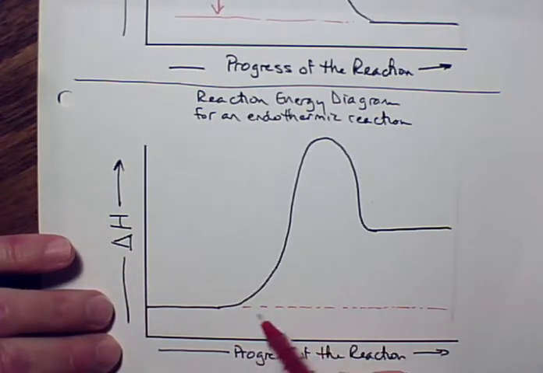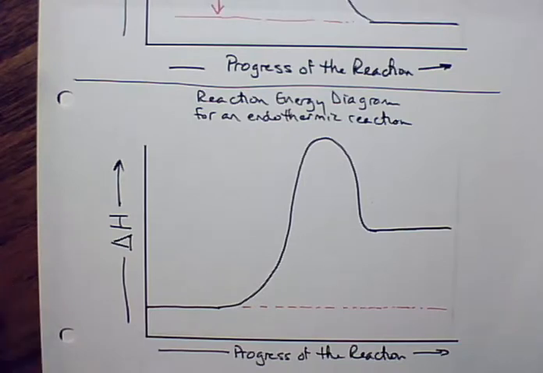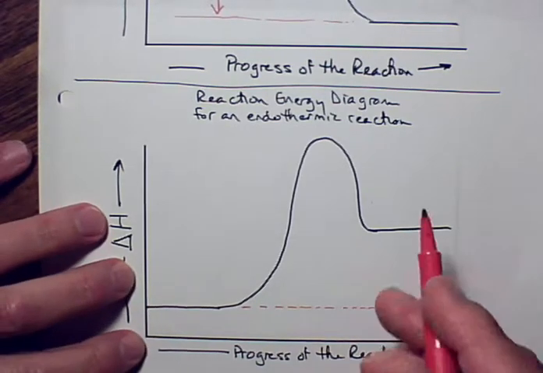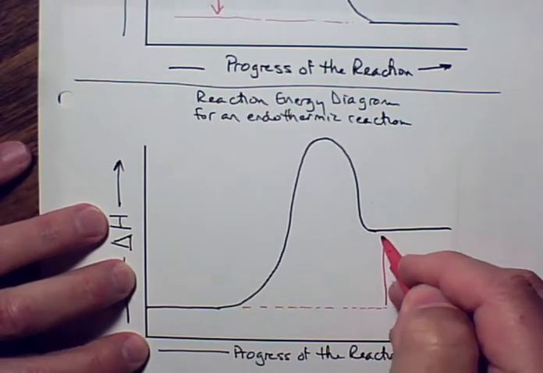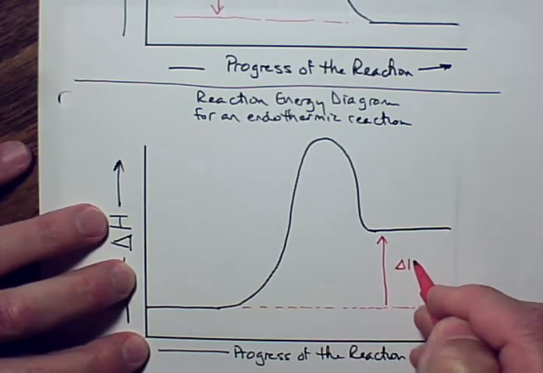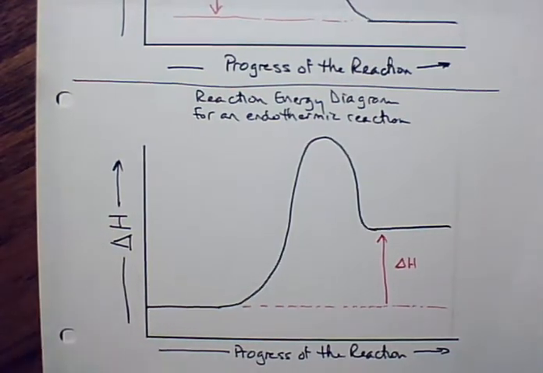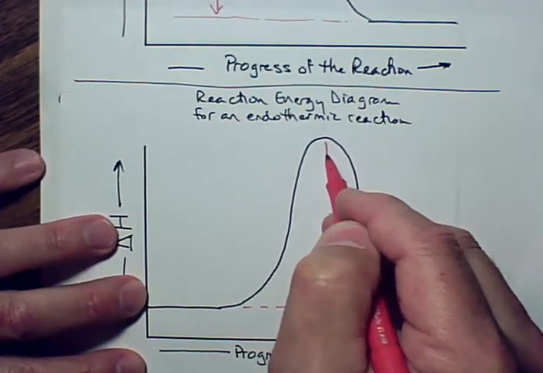The difference between the energy that we started with and the energy we are ending with is still delta H, but this time it's going up. The change in enthalpy in the system, the energy being stored in the system, is increasing. You still have to have activation energy.